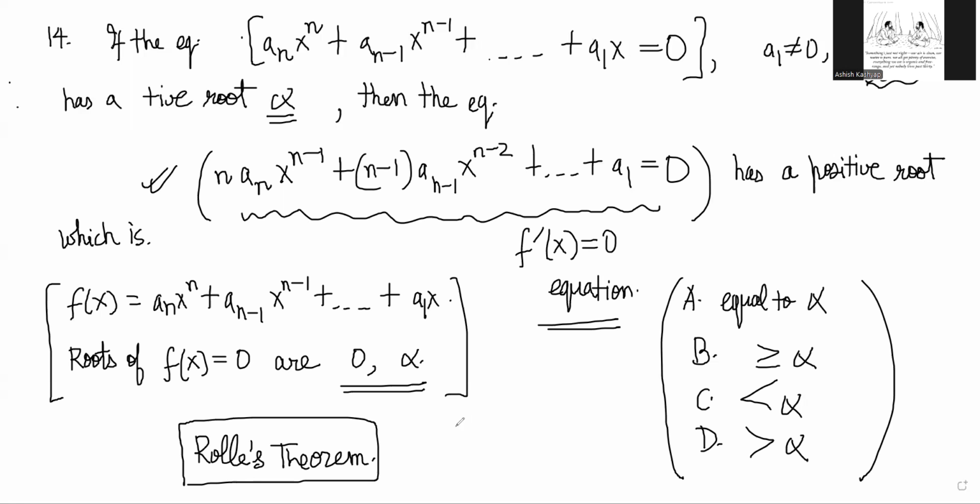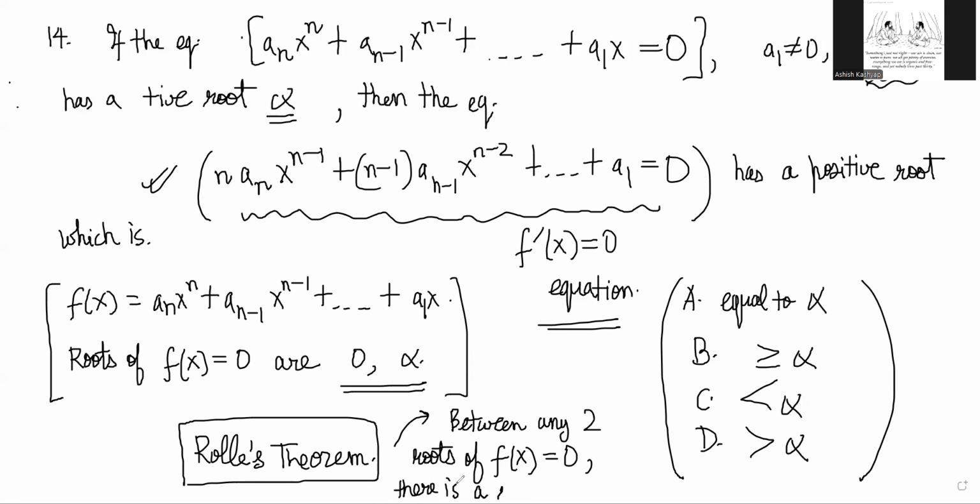Rolle's theorem says that, or an application of Rolle's theorem is that between any two roots of f of x is equal to 0, there is a root of f dash x is equal to 0.